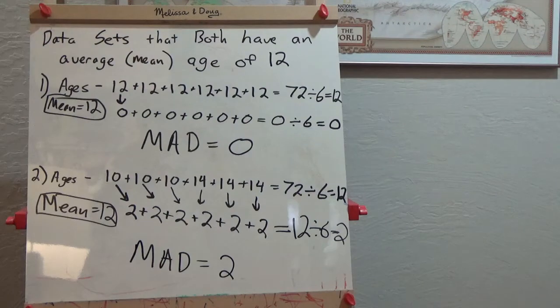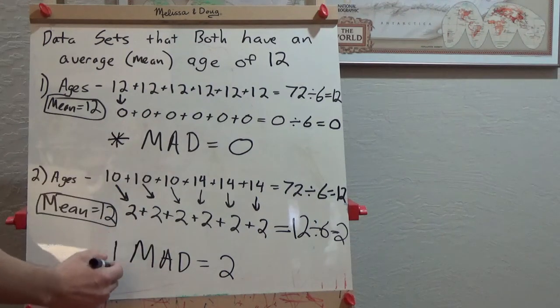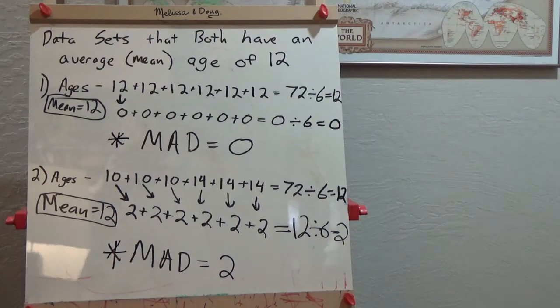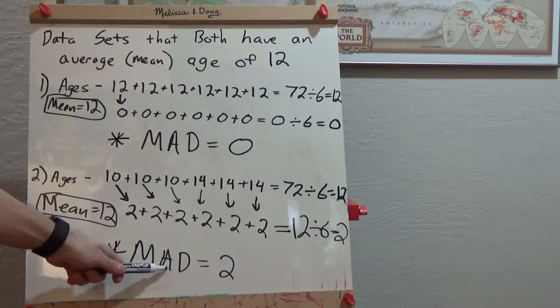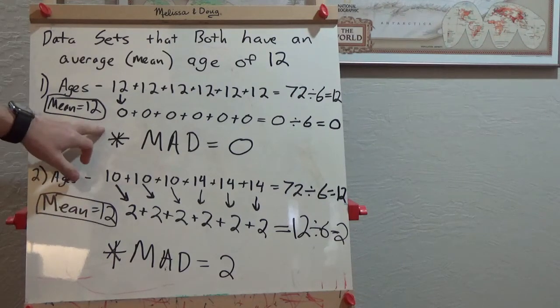So the power of that number is I could give you just this value, and I could give you just this value, and you would be able to tell me that on average the mean absolute deviation in the second data set has a higher variability than the mean absolute deviation in this one.